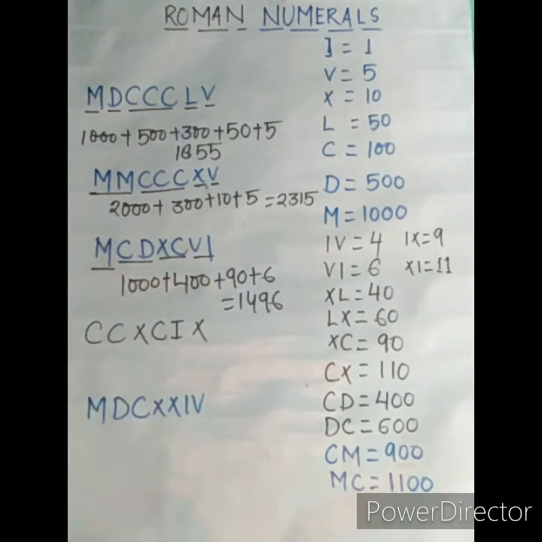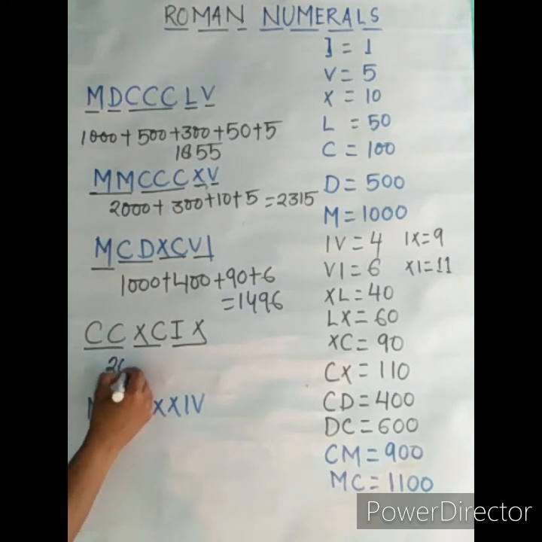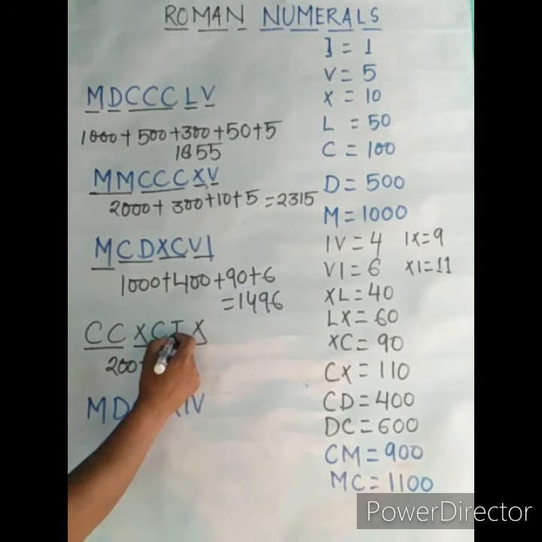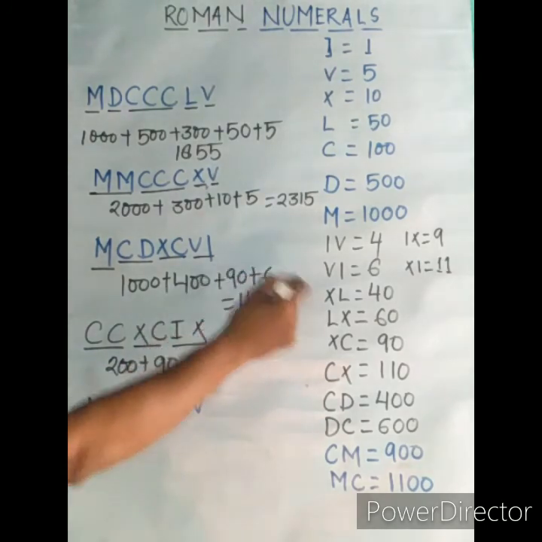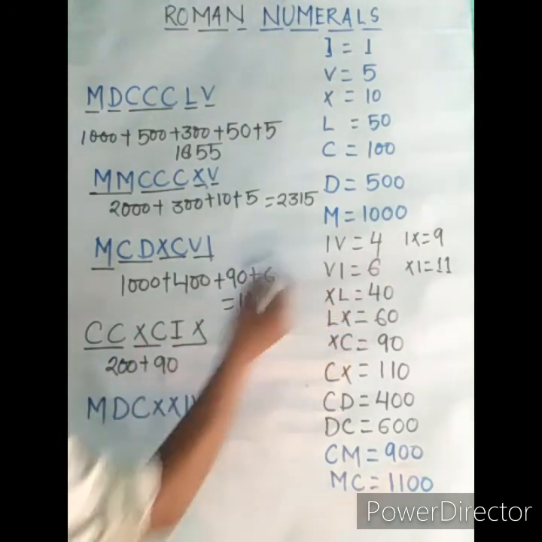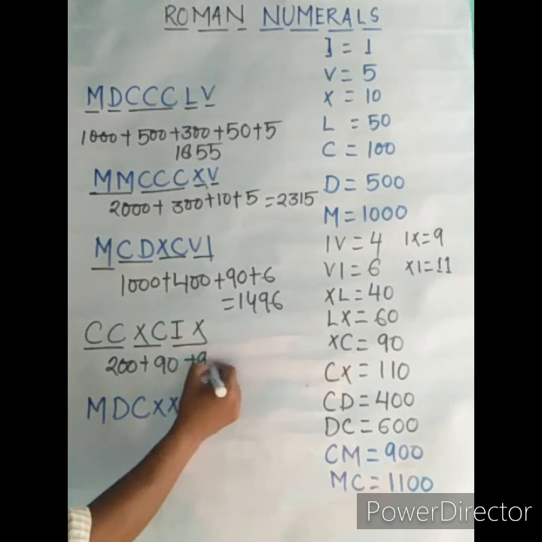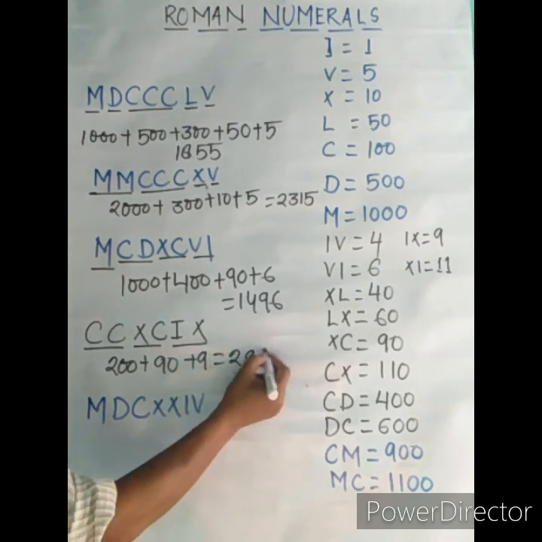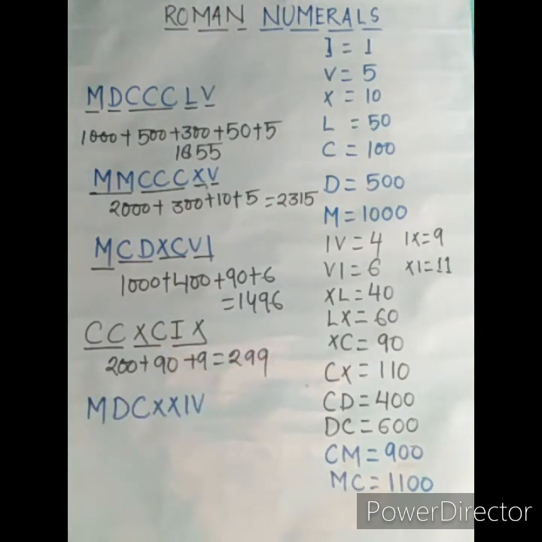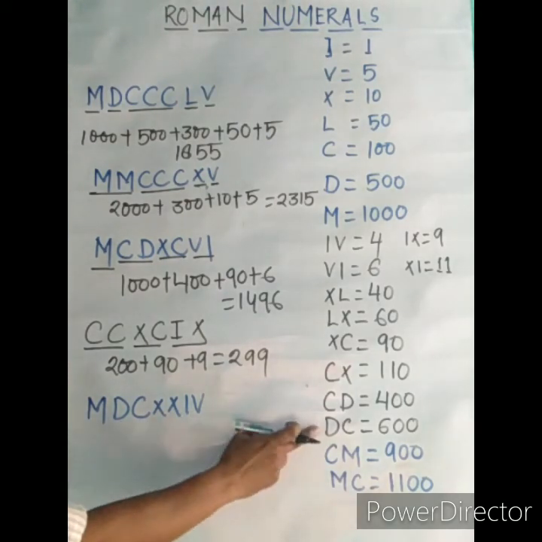Next you can see this CC, XC, again XC for 90. CC means 200 plus XC means 90 and IX, which is given here already, means 9. It is equal to 299. So here you can see M, and DC is given; DC is 600.